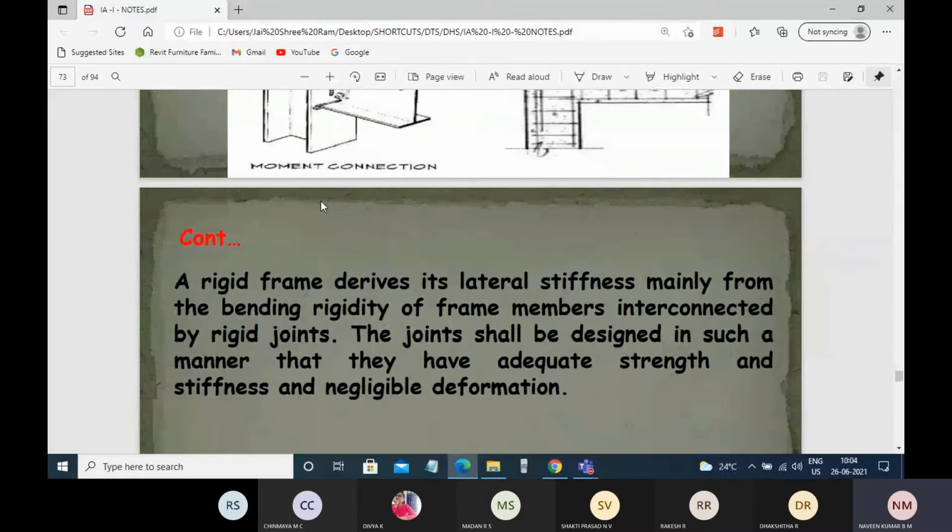Okay, so in the previous session, we were discussing different structural systems. Initially, we took the rigid frame system, where "rigid" refers to the joint between the two structural elements.